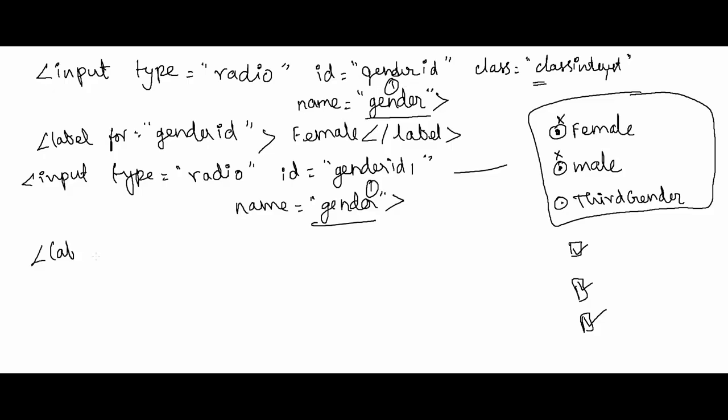After that, I am going to give label for gender ID 1. Okay, here male.